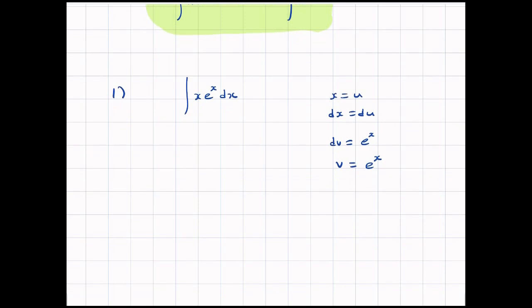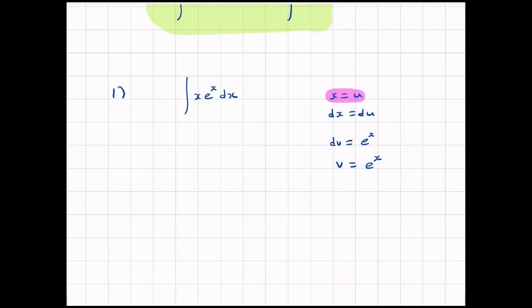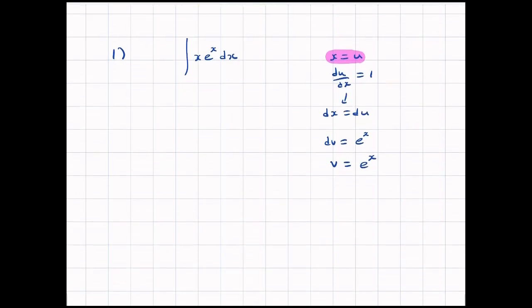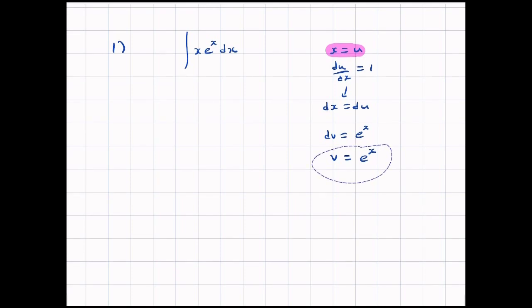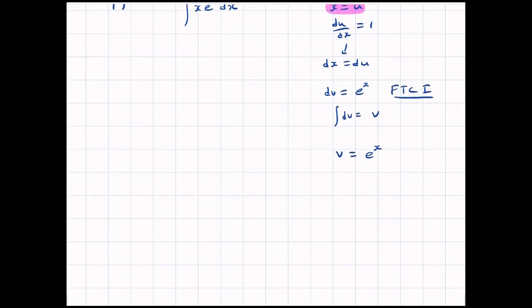Remember, whichever thing I pick for u, I'm going to immediately take the derivative of it, because du/dx is equal to 1, which is where I get du equals dx from. And with dv, I immediately take the integral of dv, which is v, because of the fundamental theorem of calculus, part 1: integrals undo derivatives.